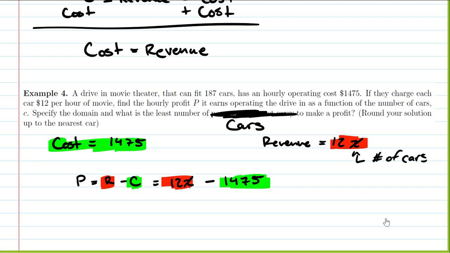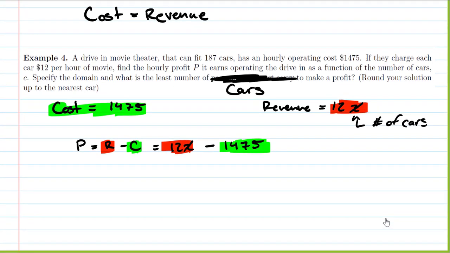Gives us this. So now we need to specify our domain and what is the least number of cars to make a profit. Well, our domain is going to be the set of values that make sense. So what is the least number of cars that they could possibly have at the drive-in? Well, if they were having the worst business day ever, they would open up and nobody would come to the theater, right?